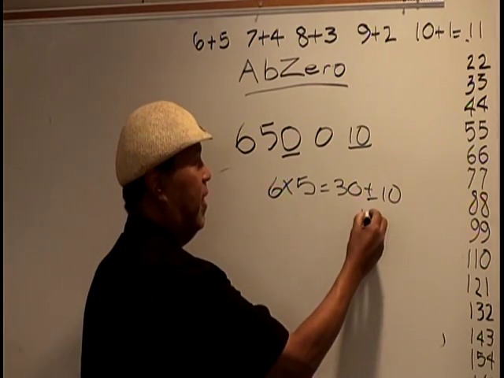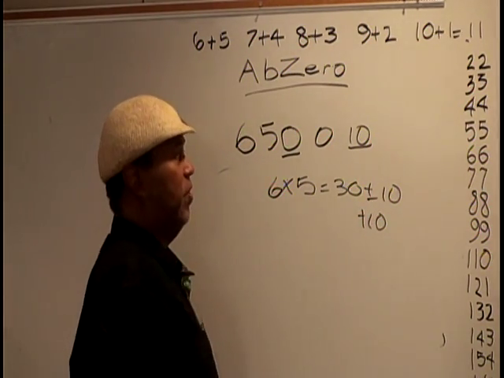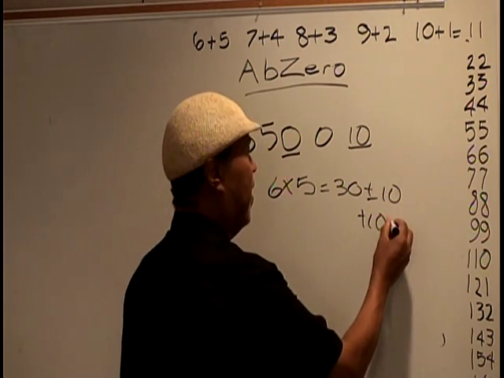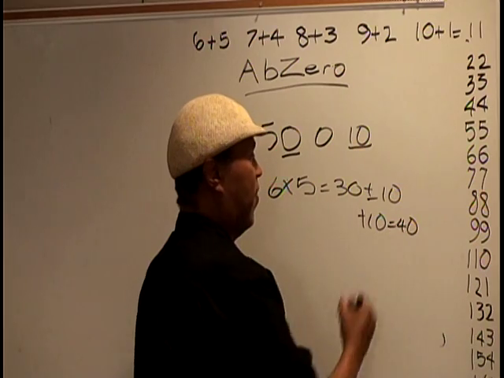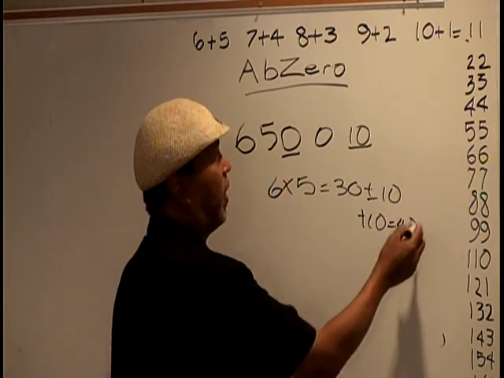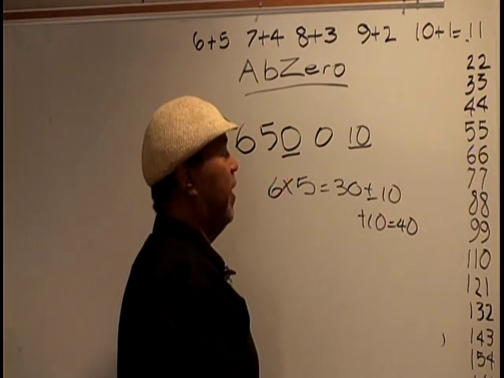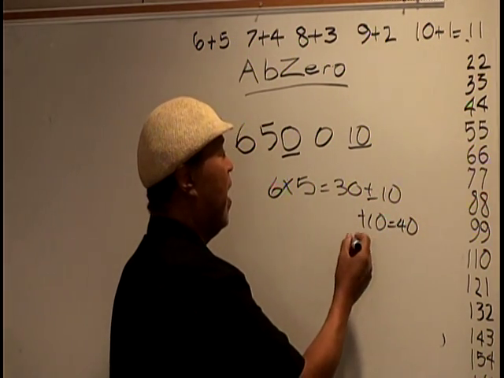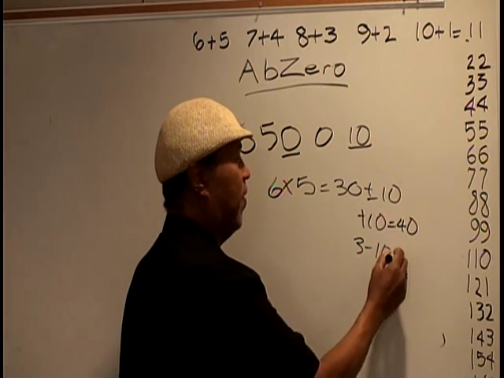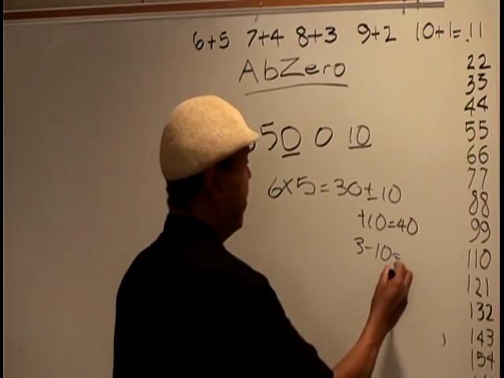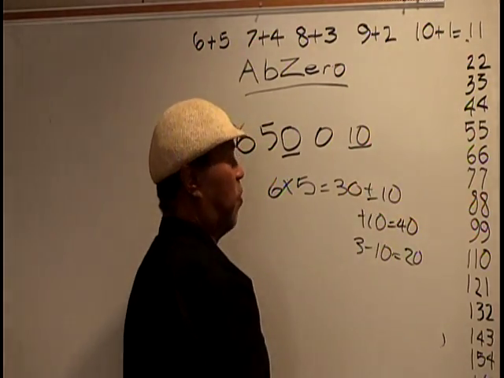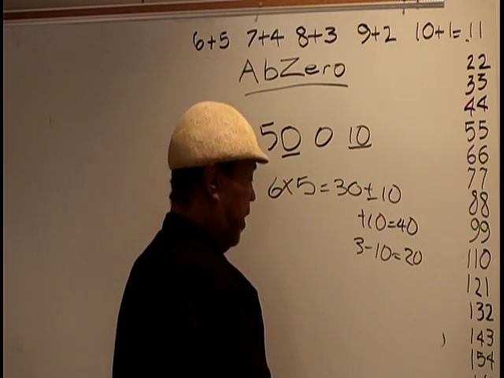With plus 10, it equals 10 and 30 is 40. That doesn't work. Okay, we can discard that. Because 40 would have to be 44 in order to be a multiple of 11. How about 30 minus 10? 20. And we have to be at 22, so that doesn't work. So that multiplication doesn't work.